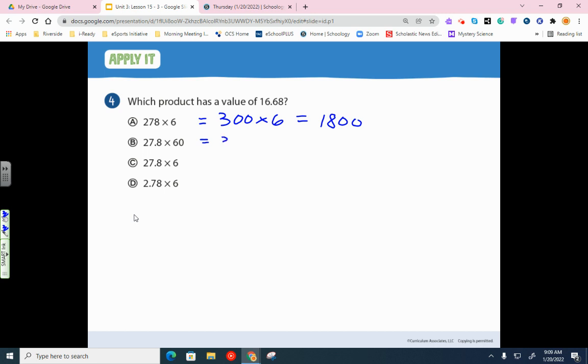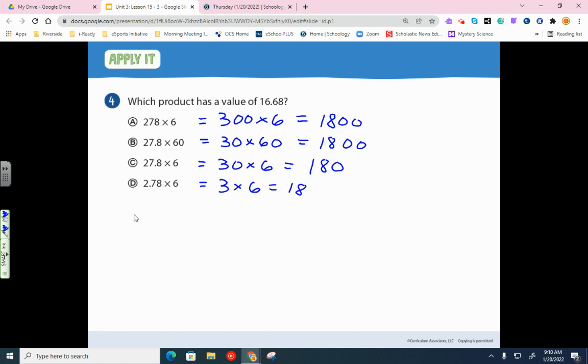This one we can do 30 times 60, and that will give me the same amount. This one I can change to 30 times 6, which gives me 180. And for this one, why don't we change this to 3 times 6? That gives me 18.